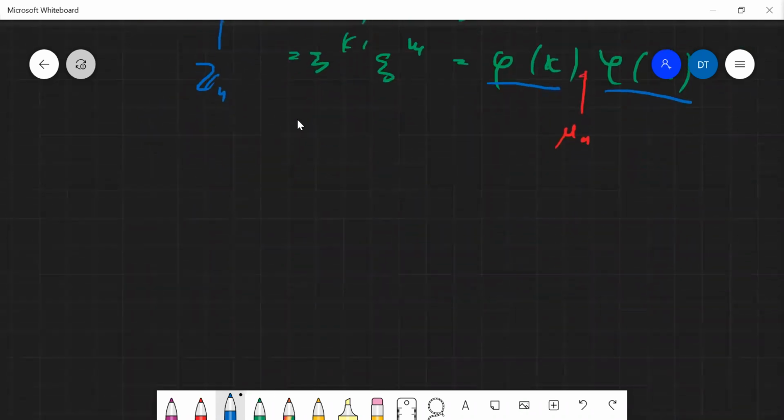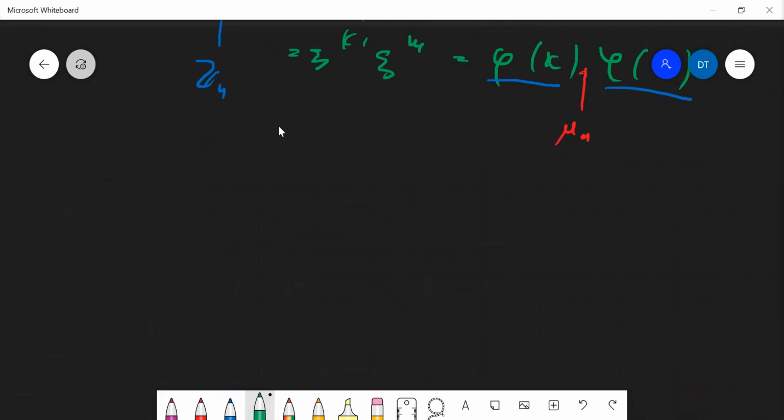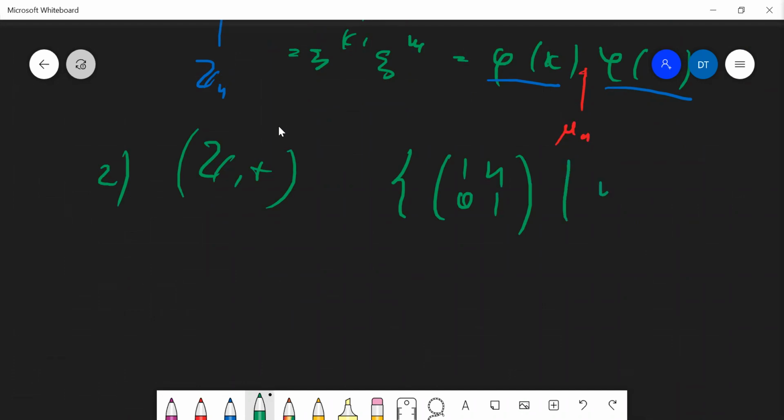Here is another example. Let's take Z with addition and the group of square matrices of the form like this, where n is an integer, and the operation is multiplication.